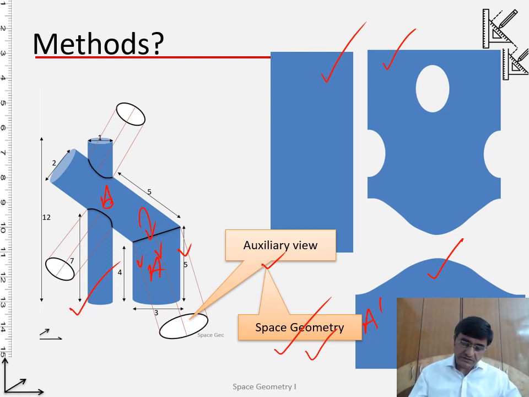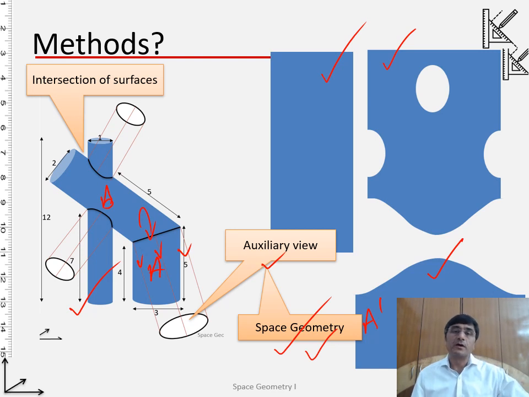In addition to this, if you see further, B and C again are intersecting. So C is piercing through B. Again, I would like to know, because what I need to do is create B dash. I need to create a sheet like this. To create this kind of sheet, I need to know these shapes.